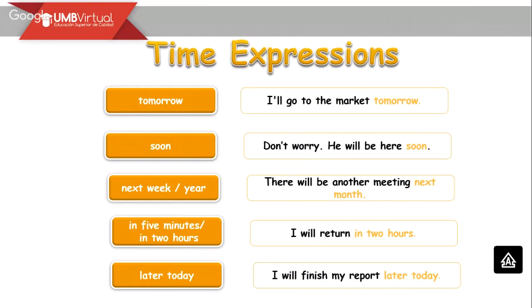For the first, tomorrow, I'll go to the market tomorrow. You're talking about what? Like a plan, all right, could be, or like a decision. Yes, like a decision, because you're referring to this part, like when, a specific day. Soon, don't worry, he will be here soon.